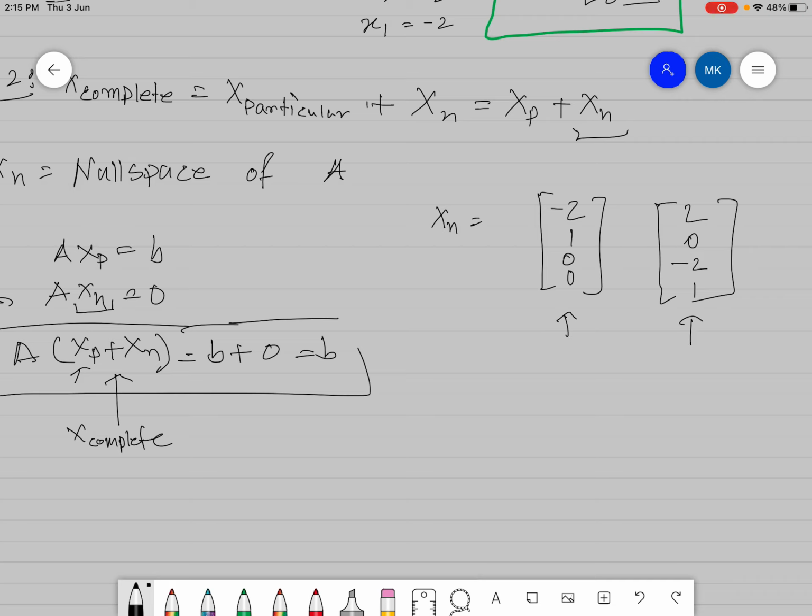So these were the special solutions, and the whole null space was all the linear combinations of them, okay? So this is the null space.